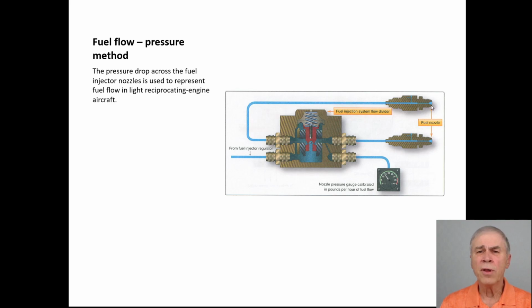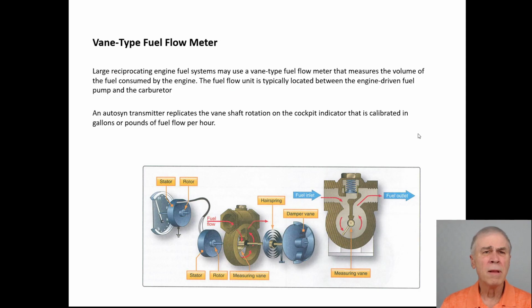Okay, here's the fuel nozzle. It is taking the pressure from the nozzle. I would imagine that's what this little blue line on the top is for. And the vane type again.